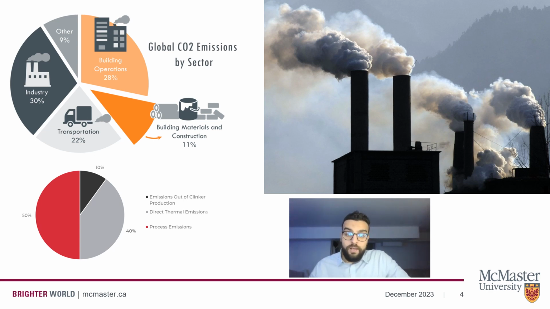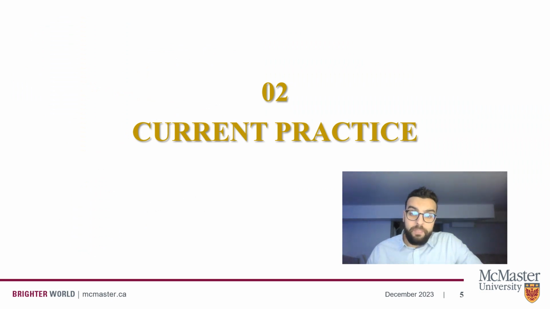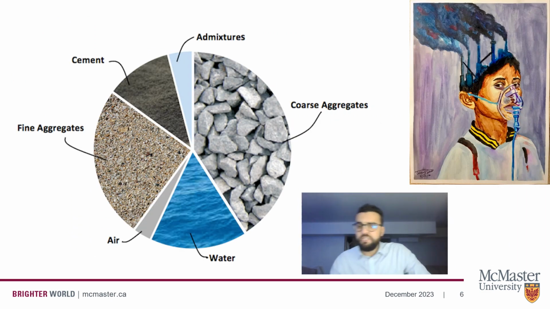The current practice right now is basically to use cement in the very standard and traditional way, with coarse aggregates, fine aggregates, cement, water, and air admixtures. However, it was demonstrated that this way is very old, and it has a lot of drawbacks on carbon emissions.